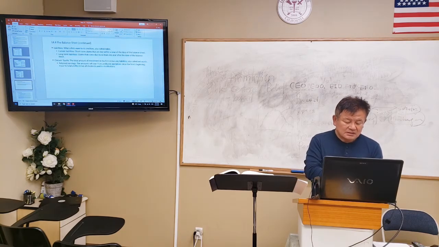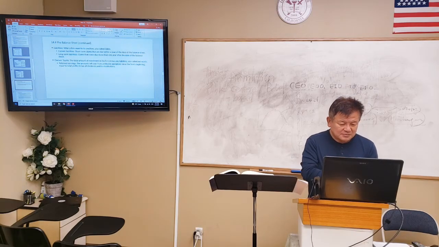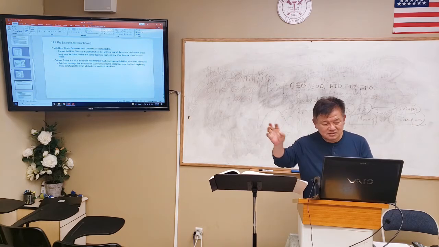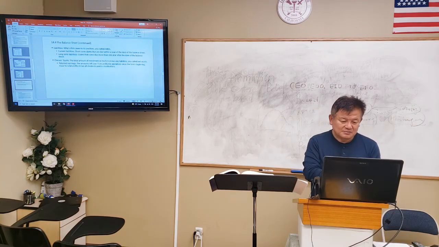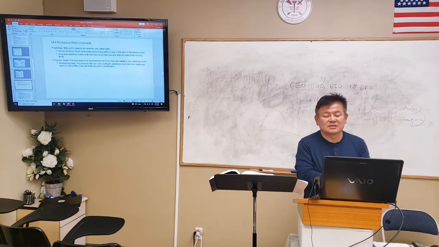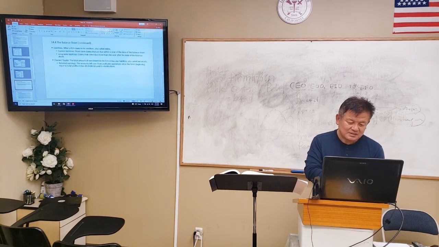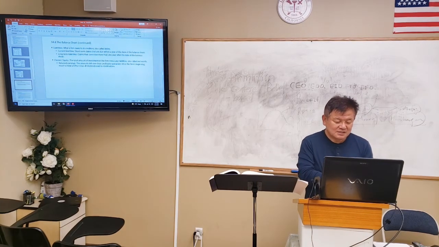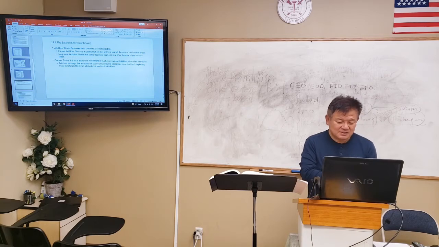This is the asset side, and then continuing with the balance sheet are liabilities, because assets minus liabilities equals owner's equity. Liability means what a firm owes to its creditors; we also call it debt. Liability is of two kinds: current liability and long-term liability.